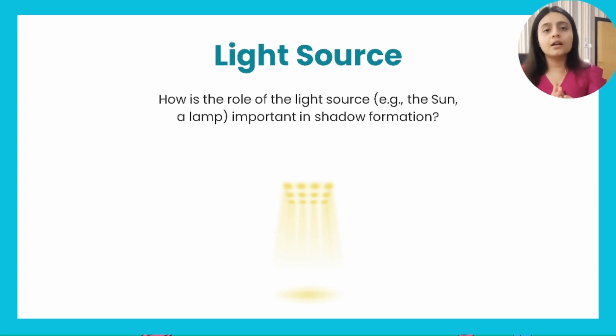You all know that there are luminous sources of light from where the light is emitted. So it can be the sun, the light, the lamp, anything. The source of light is important in the formation of a shadow, because ultimately that light is going to be blocked by an object, which results in the formation or casting of the shadow.